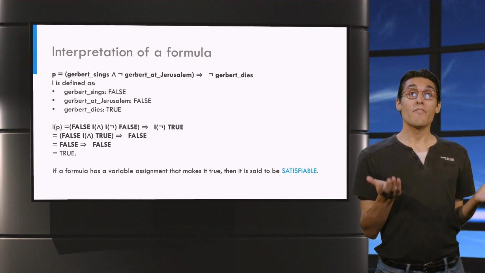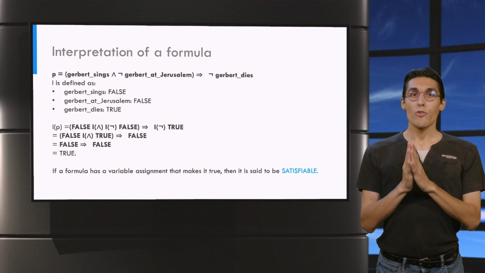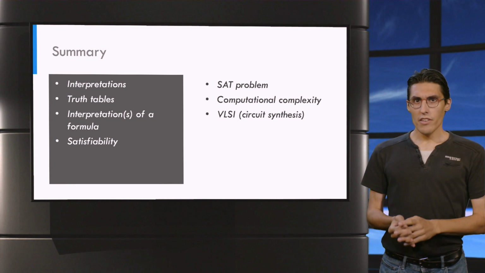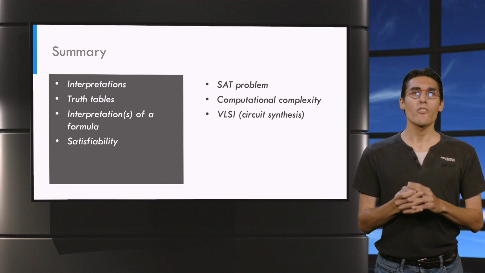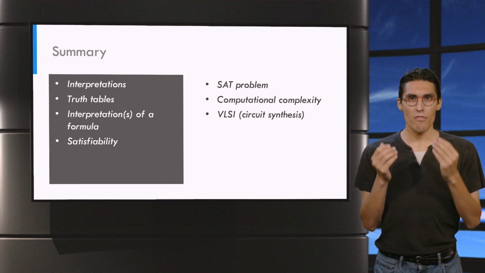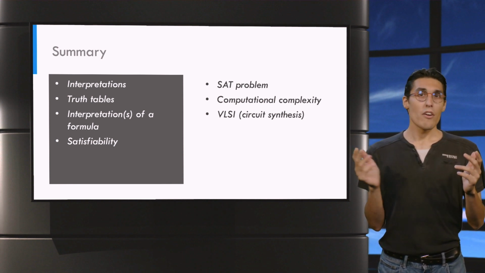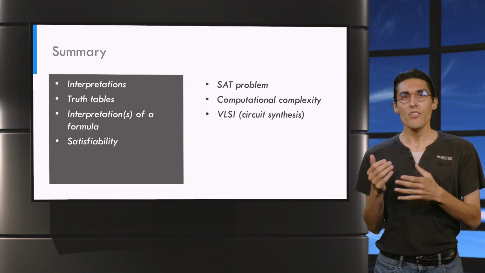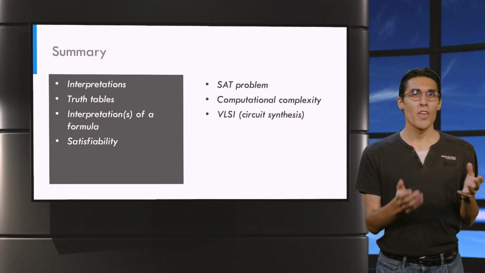If a formula has a variable assignment that makes it true, then it is said to be satisfiable. In general, it is computationally expensive, in the sense that it requires computing time and memory, to figure out if a formula is satisfiable or not. SAT solving refers to the research area that is interested in coming up with efficient algorithms for checking if a formula is satisfiable.